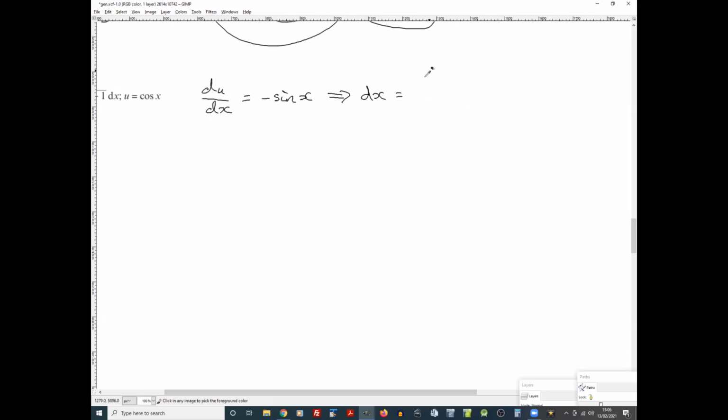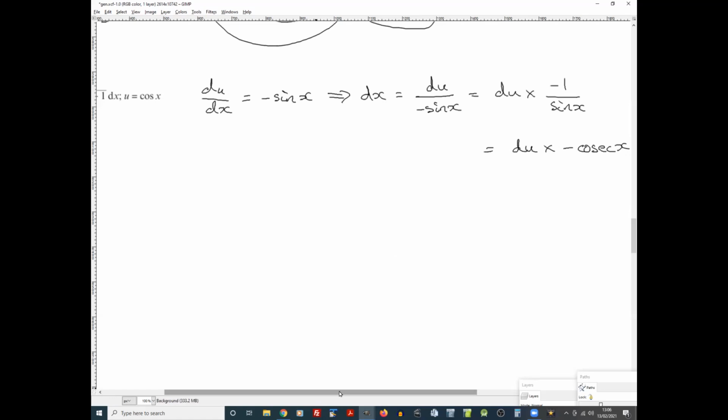Well, let's go from your version, which was du over minus sine x. All I'm doing is rewriting that as du times minus 1 over sine x, or du times minus cosec x. Oh, I see.